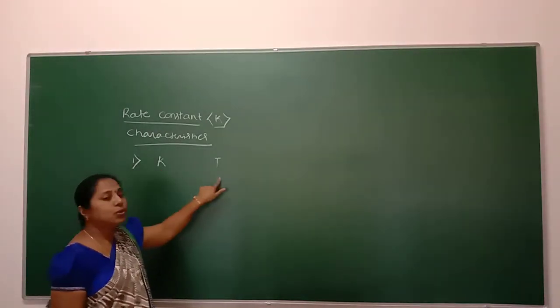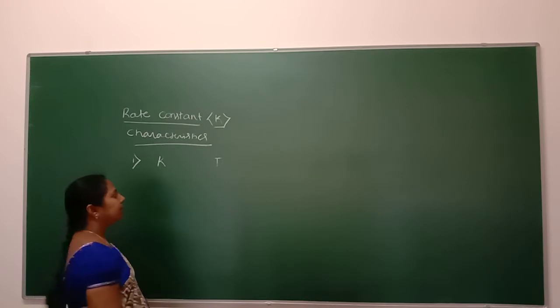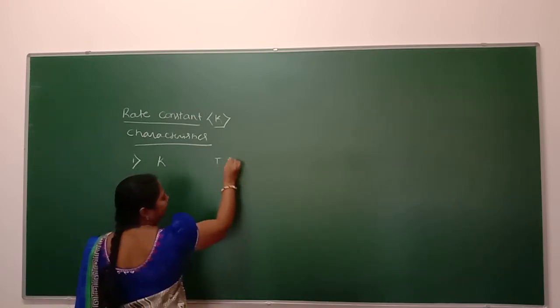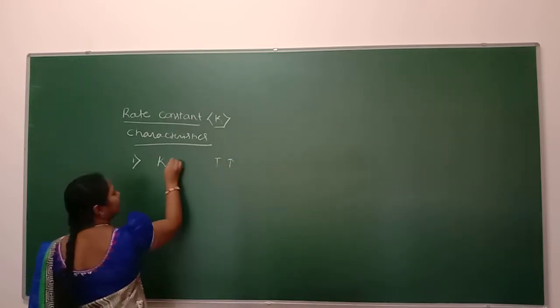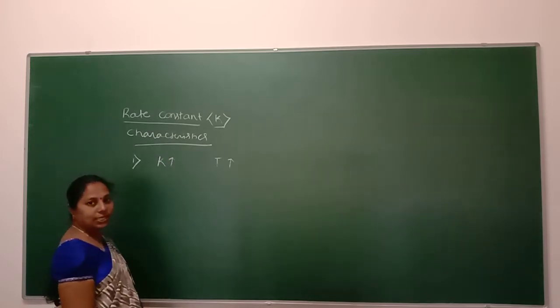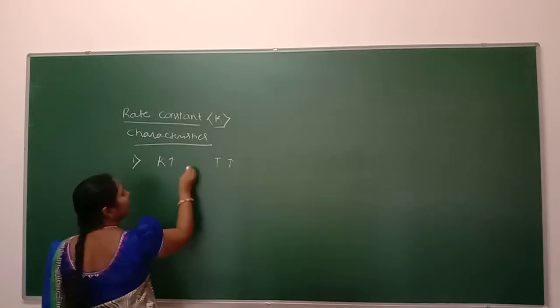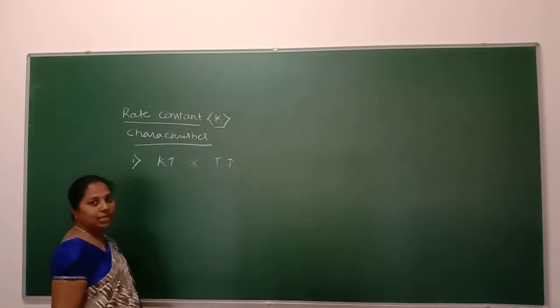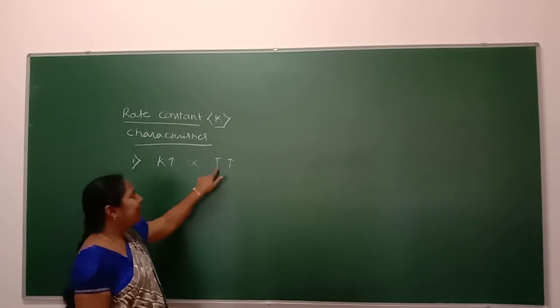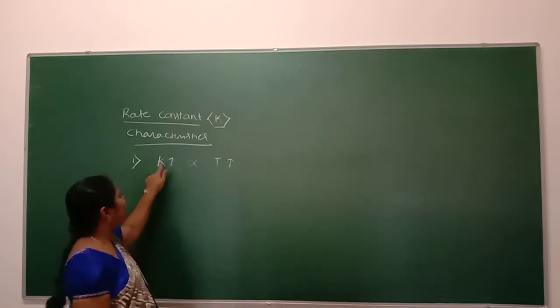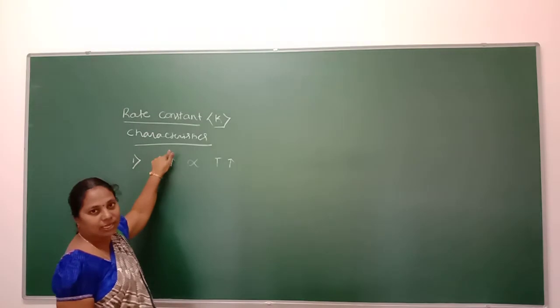So how are these two related to one another? If we increase the temperature, the value of rate constant also gets increased. That means these two are directly proportional to one another. So as the temperature increases, the value of rate constant also gets increased.